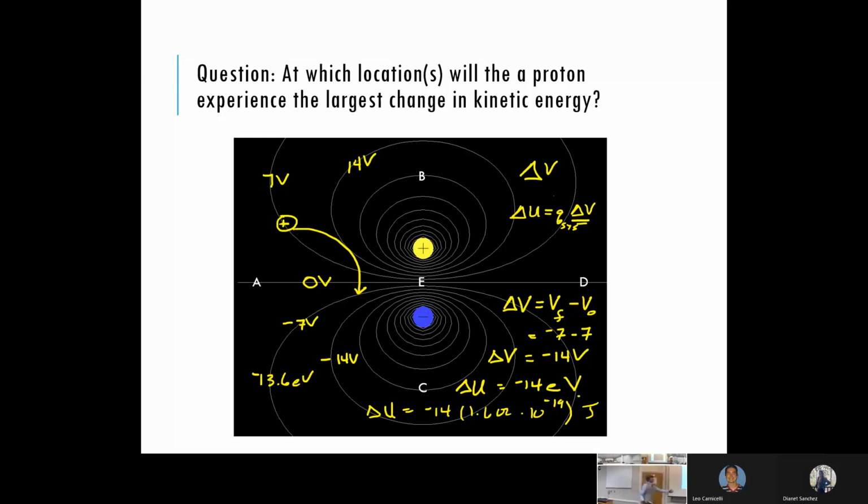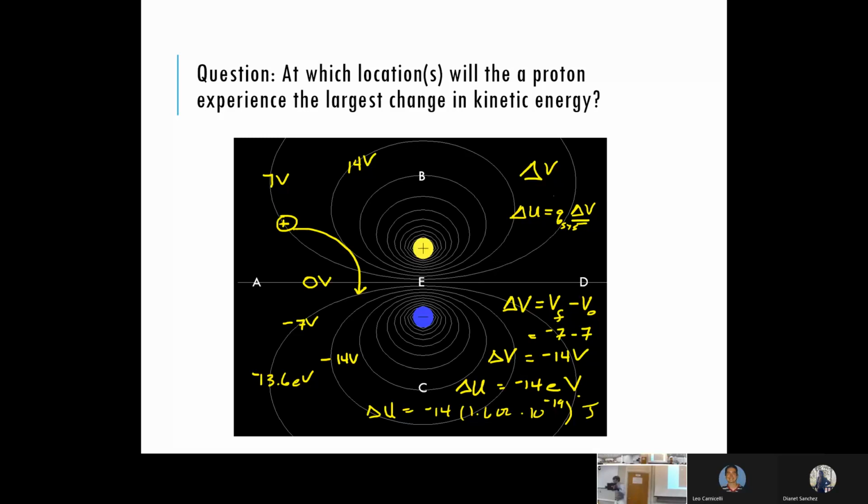And in fact, if you're ionizing, for example, the hydrogen atom, you are moving the electron through 13.6 volts. As you grab that electron in the hydrogen atom and you move it all the way out to infinity, you have made the electron cross 13.6 volts.